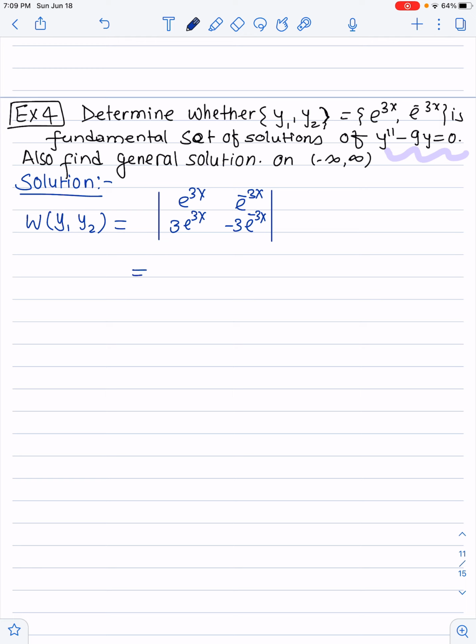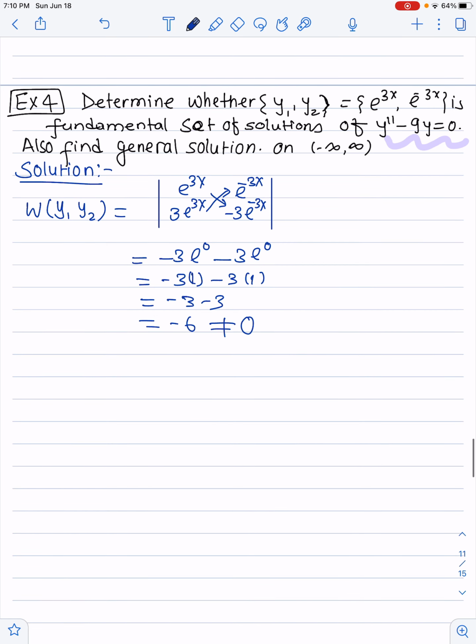Now let's find the determinant. Multiply this times this, which is negative 3 times e to the 3x times e to the negative 3x, which will be e to the 0, minus 3 times e to the 0 again. So it will be negative 3 times 1 minus 3 times 1, which is negative 6, which is not equal to 0.